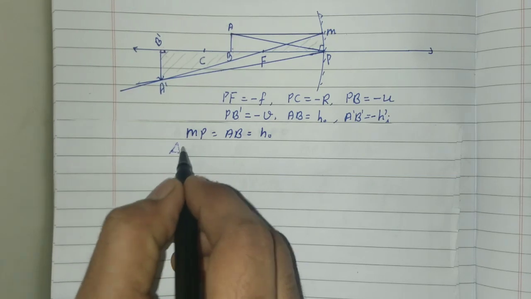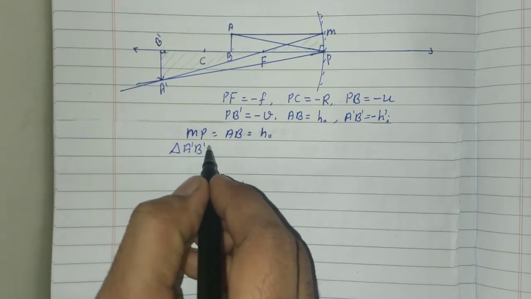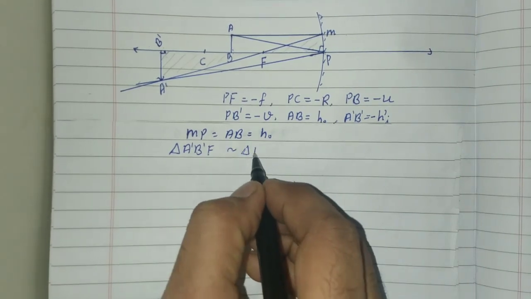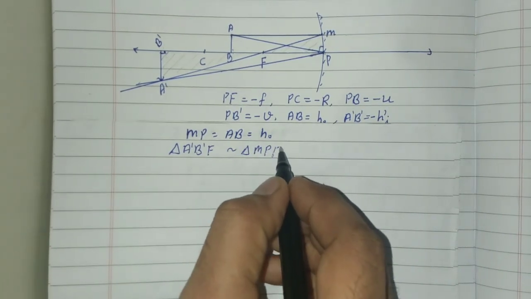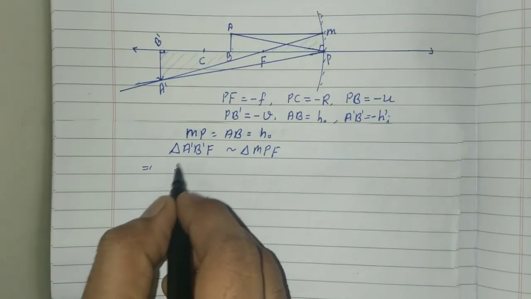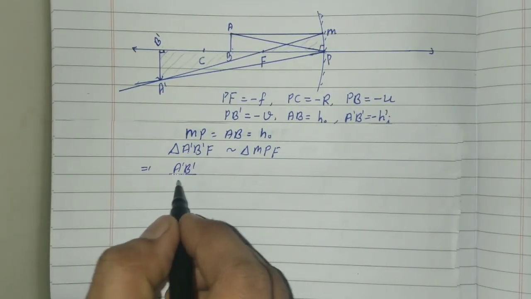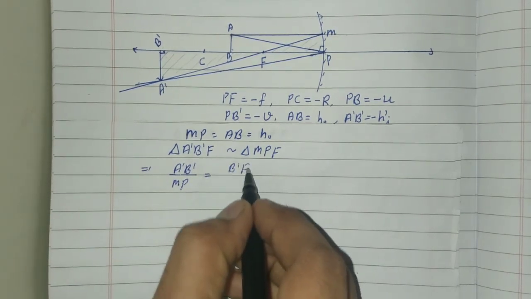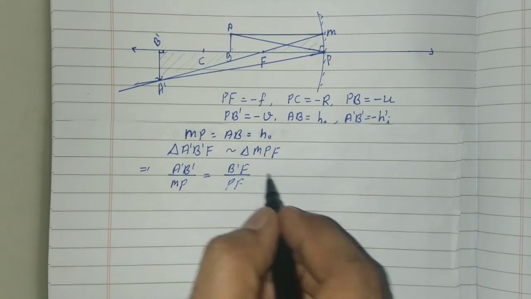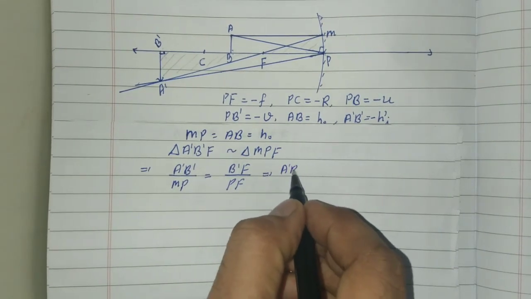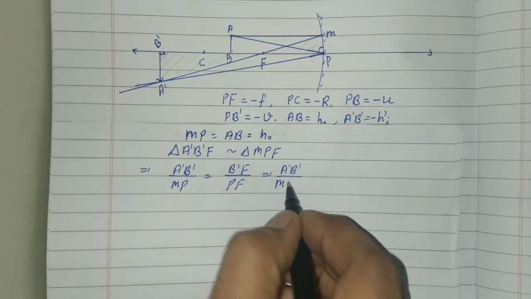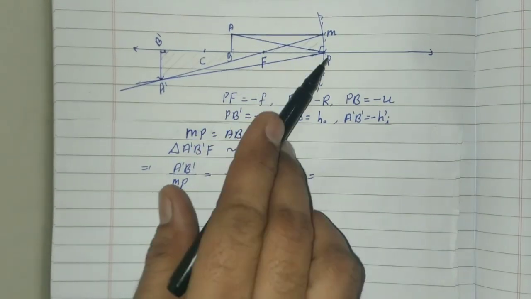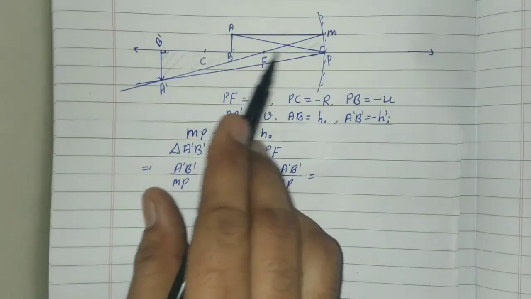So we have triangle A dash B dash F is similar to triangle MPF. So we have A dash B dash upon MP is equal to B dash F upon PF. This implies A dash B dash upon MP is equal to, now look here, this B dash F is equal to PB dash minus PF.